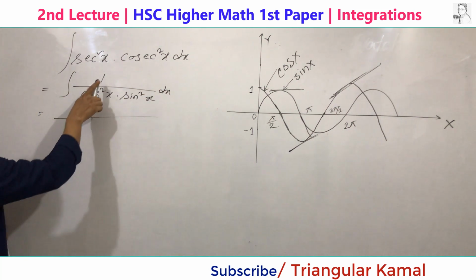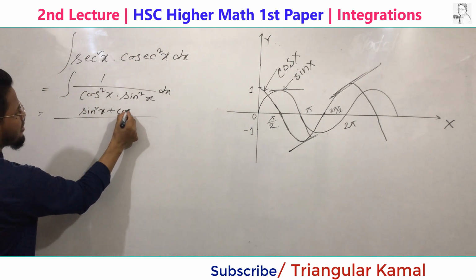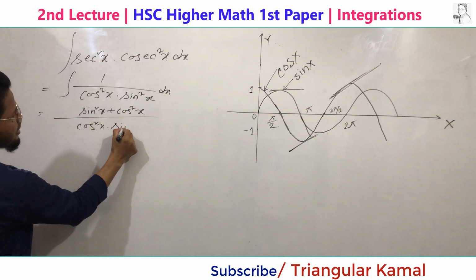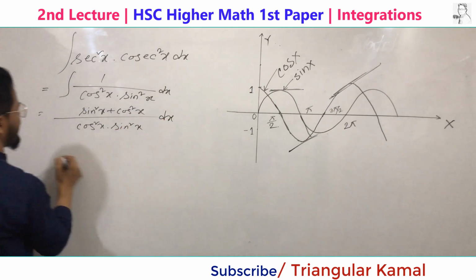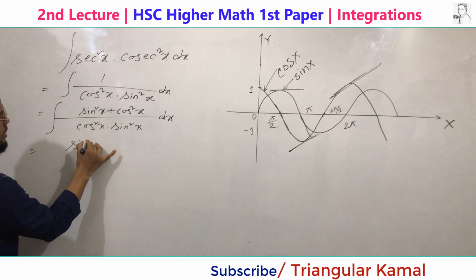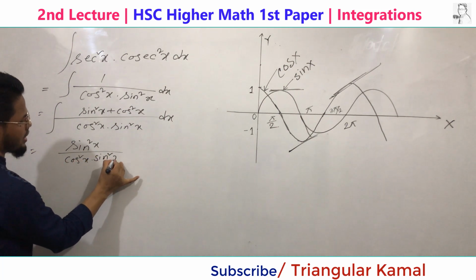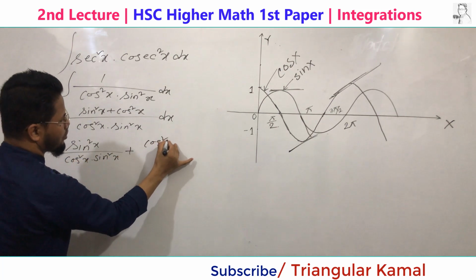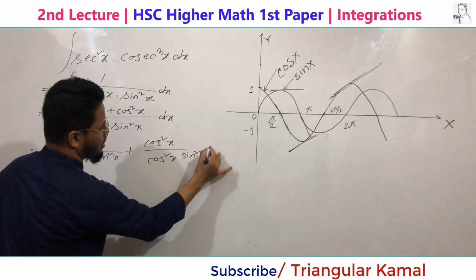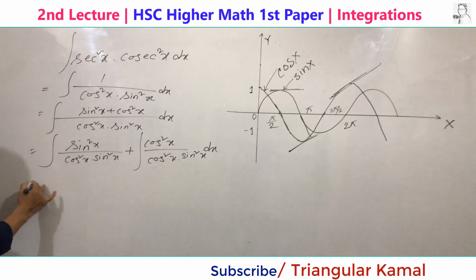Now 1 we can write here sine square x plus cos square x, over cos square x sine square x dx. Now we can separate two parts: sine square x by cos square x sine square x, plus cos square x by cos square x sine square x, dx, and just using the integrate symbol here.